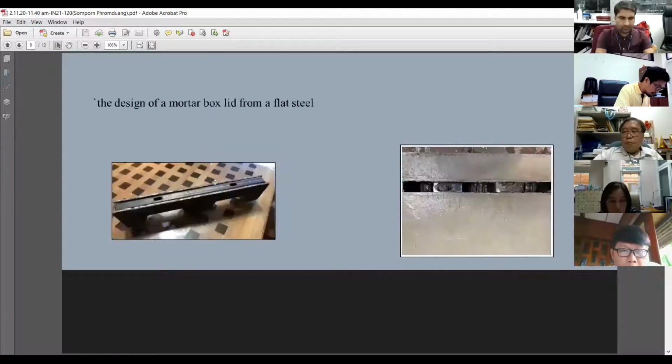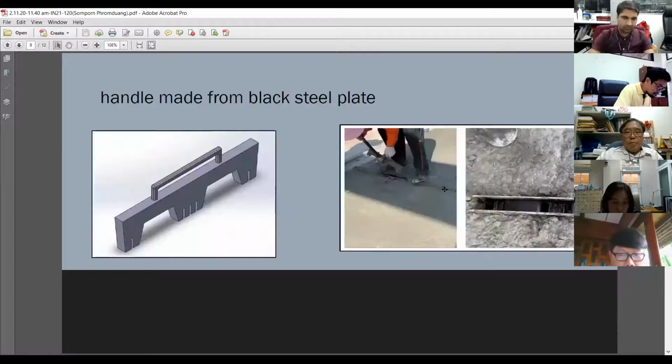After that, we tried to design a new mortar box. We use a flat steel lid to cover the top of the box to protect against concrete leaking into the box. But it wastes time when we pick it out from the mortar.